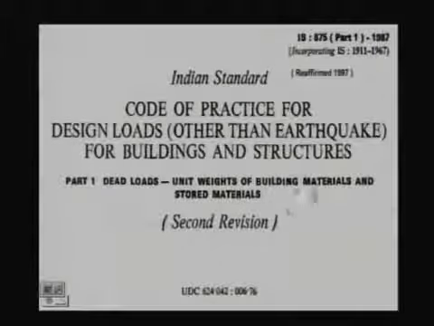If we know the unit weights of different materials and the different constituents of the structure, then we can find out the self weight of the structure. It is the second revision, in 1987. This particular code we shall follow for the self weight, because if you take the design load differently, then your final design will be different. So that load is another important part that you have to consider.